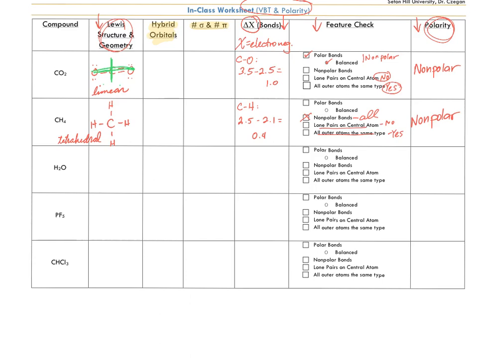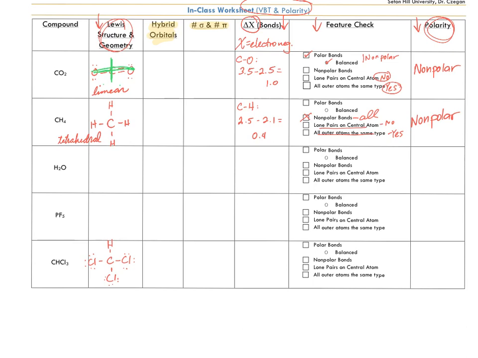When you do the Lewis structure, you end up with something that is tetrahedral. So it's sort of like CH4, which we just did above, except that 3 of the hydrogens have been replaced by chlorines.